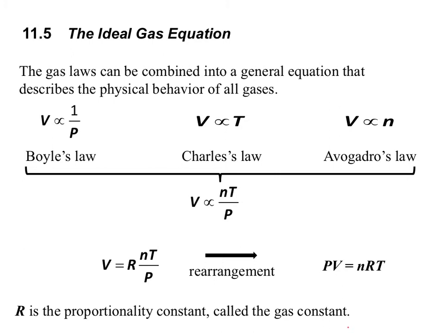If we convert this proportionality equation into a real equation by adding a proportionality constant, in this case R, called the ideal gas constant, we end up with an equation of V equals R nT over P, which we can rearrange into PV equals nRT. This is the ideal gas equation.